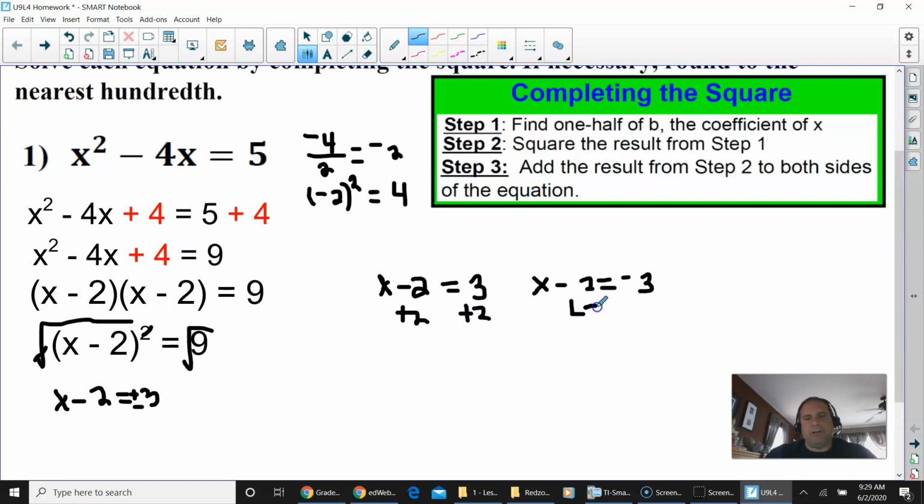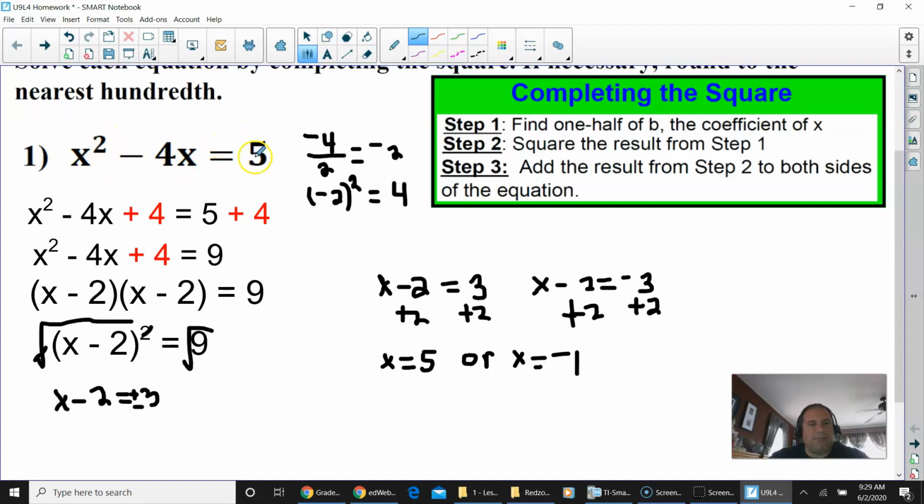And you add 2 on both sides for each equation. But you're going to get different roots. X equals 5 or x equals -1.